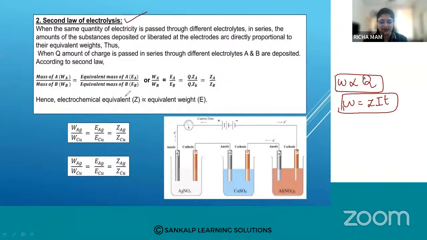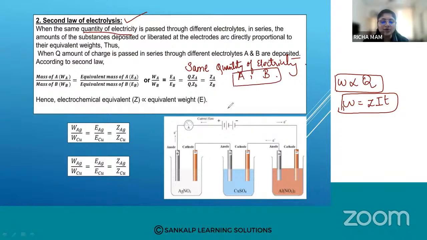Now in the second law of electrolysis, whatever quantity of electricity you take, the same quantity is passed through different electrolytic solutions. Suppose you have A and B, two different electrolytic solutions. The same quantity of electricity is passed through them, and some amount of substance is produced at the electrodes.